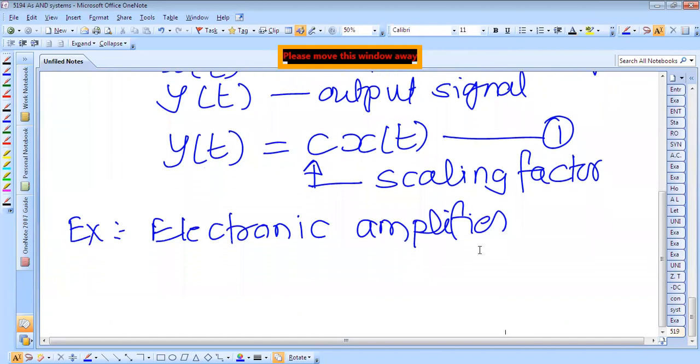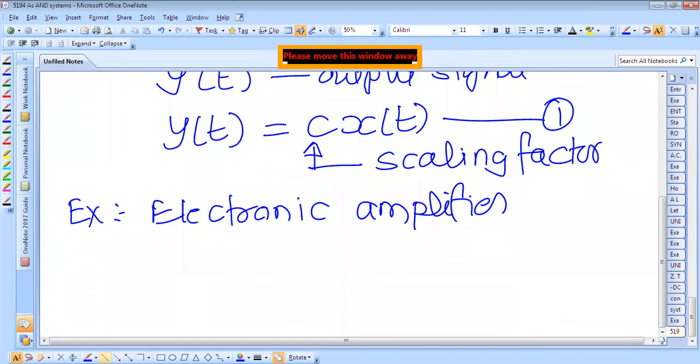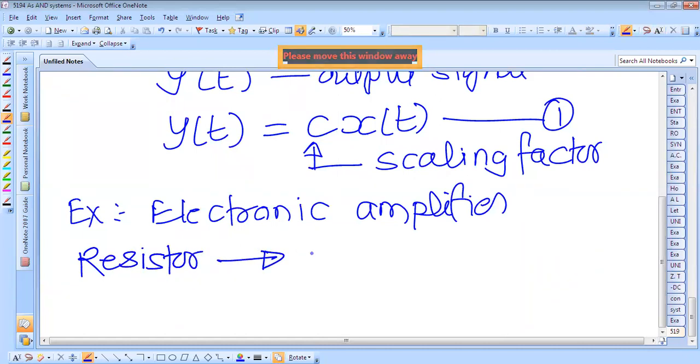Resistors also perform the amplitude scaling. Suppose here it is a resistor, and x of t is the current and y of t is the output voltage.